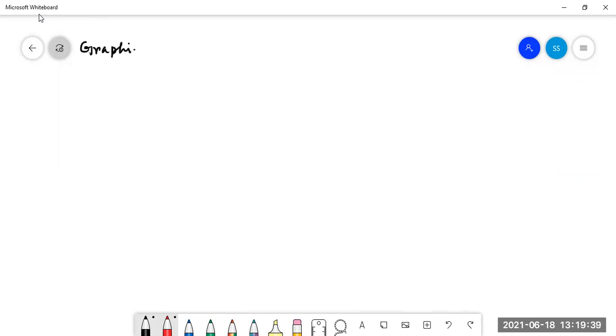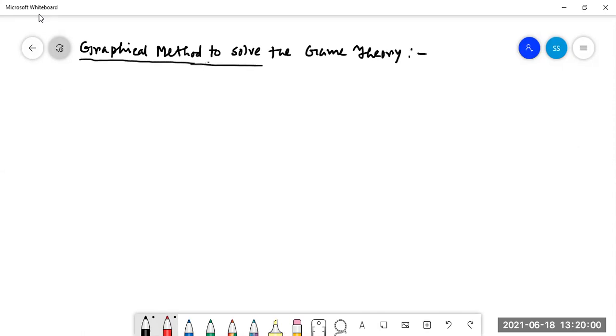It is the graphical method to solve game theory. How to solve any game theory problem using the graphical method.